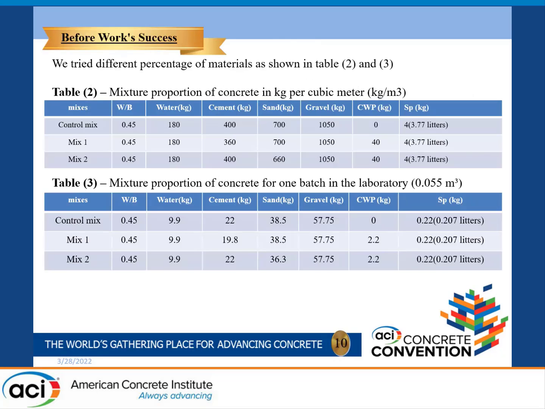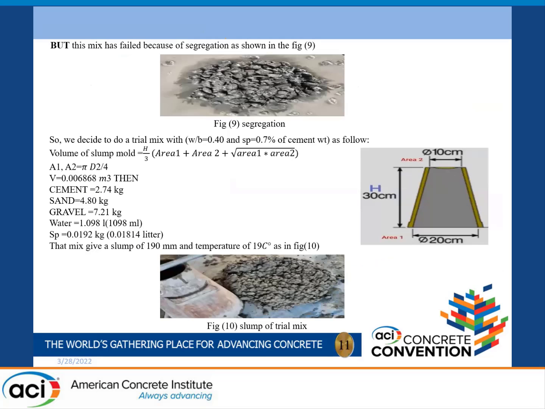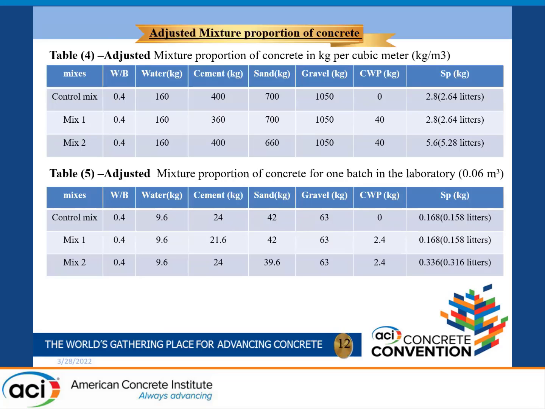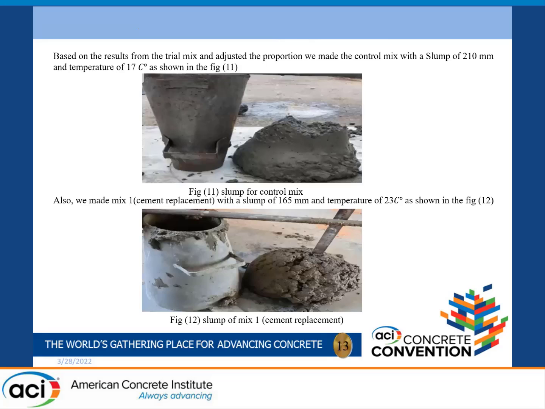Before our work succeeded, we did this proportion for concrete, but it failed because there was a lot of super plasticizer and water. So we decided to do a trial mix, as shown. After that, we adjusted the mixture proportion as shown, and we did the control mix. It gave us a suitable slump and a suitable degree.